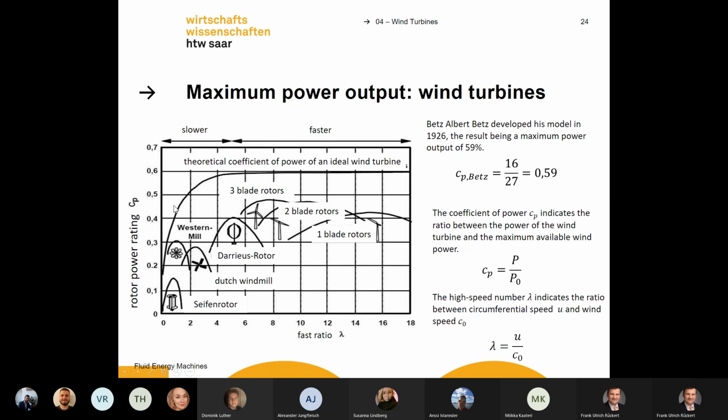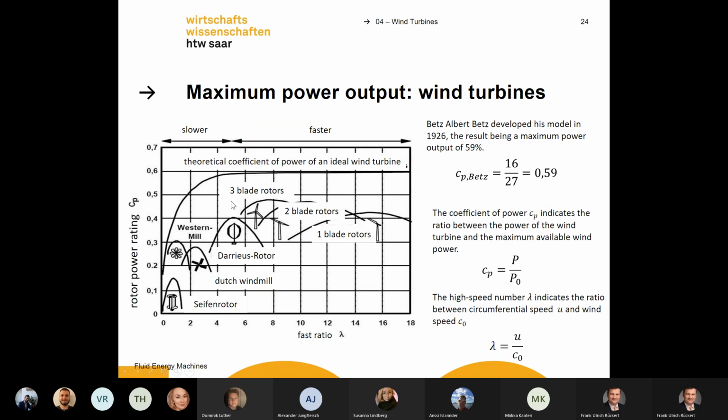Okay, what does this mean to us? We can now make measurements of all the different wind turbines. For example, I showed you in former times there have been one-bladed rotors, two-bladed rotors, three-bladed rotors. But if you look at the efficiency curves, you see the maximum efficiency is not really much higher if you use more blades.